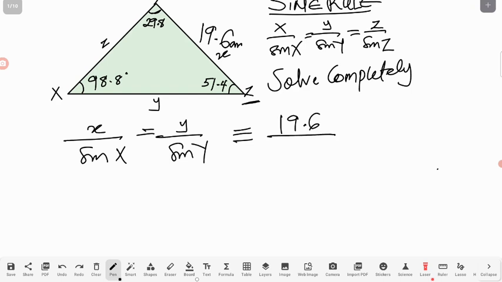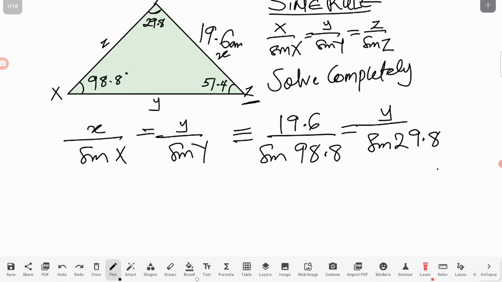Therefore, the value of x, 19.6, divided by sine 98.8, is equal to y, the side we don't know, over sine 29.8 degrees.